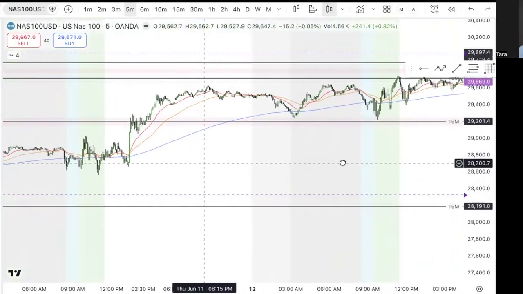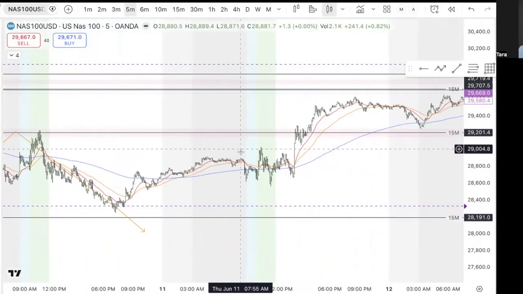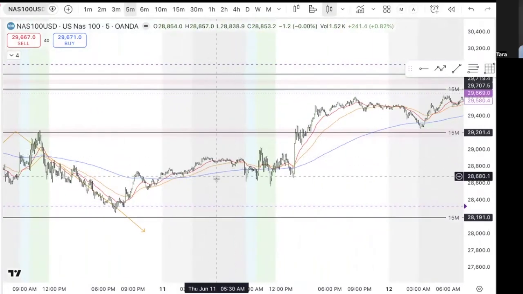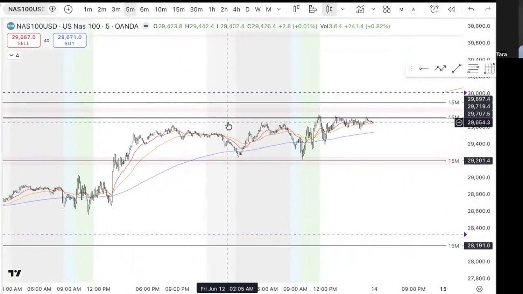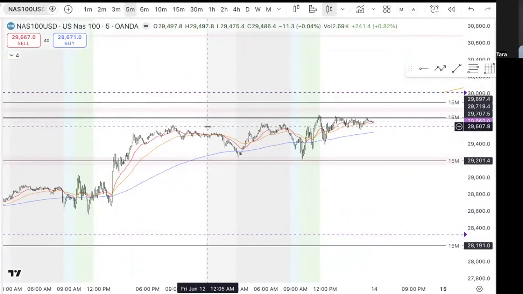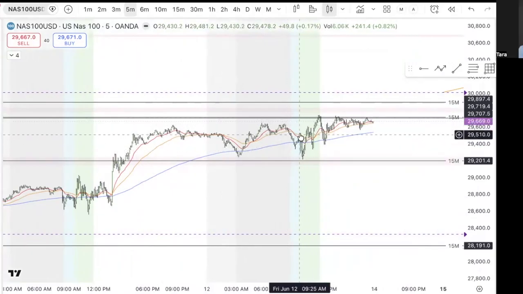When I say range bound, I mean we never really left this overnight area, the top and the bottom of this range that occurred in this gray section. I have this gray section marked as it begins at midnight, which shows our Asian session, and then starts around 3 or 4 to show London. And so we really never left the boundaries of this area.